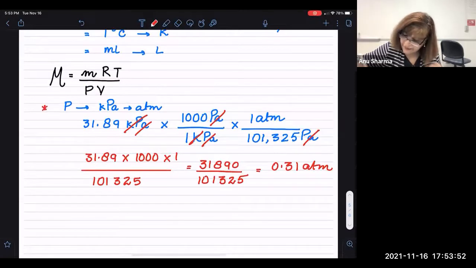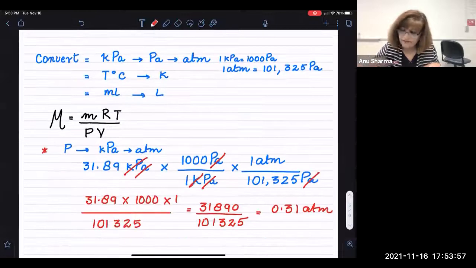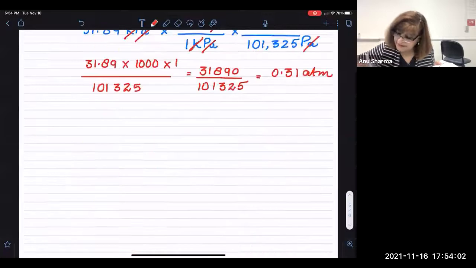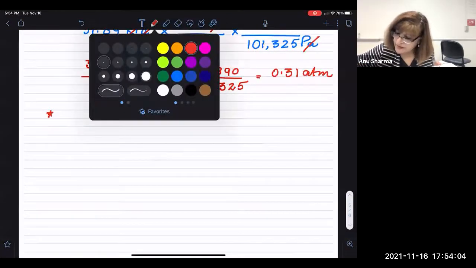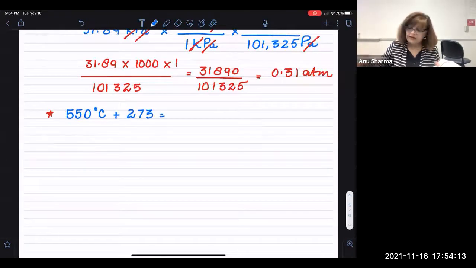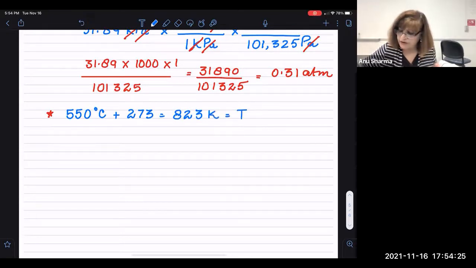Next, we will need to convert the temperature. So the temperature is 550 degrees Celsius. Convert that to Kelvin. So we have 550 degrees Celsius plus 273. And what do you get here? 823 Kelvin. So that's the value of temperature.